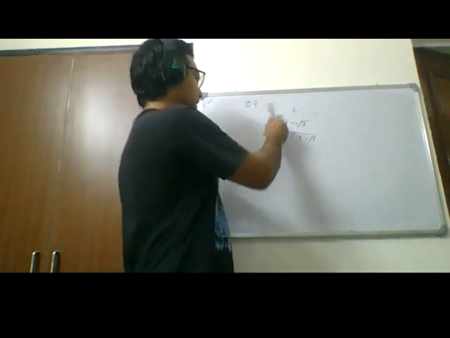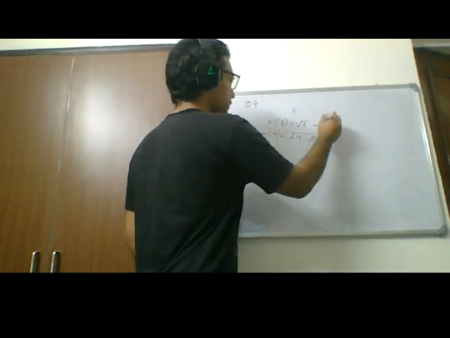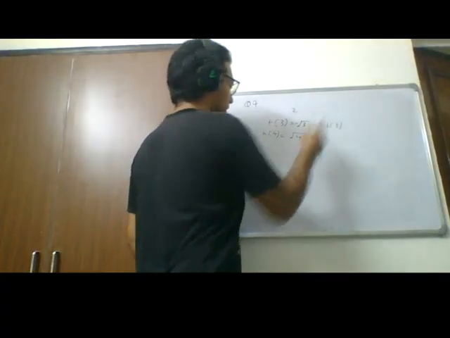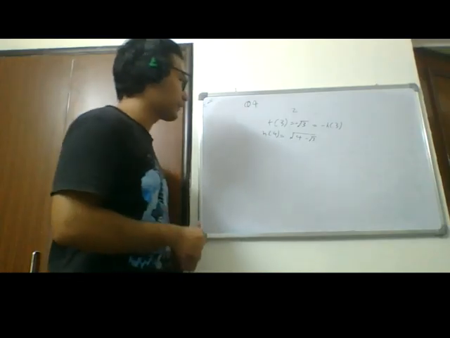So f of 3 is equal to minus of h of 3. That's fine. But how do we ensure that f of i is equal to h of i for the remaining?